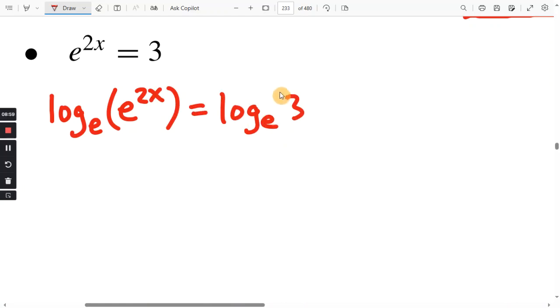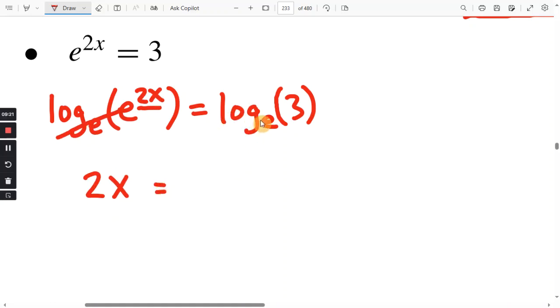Okay, you can use parentheses if you want for the argument, but you don't really have to. And now, log base e, this base of the log is an e, and this base is an e. So log base e of e cancels, and we're just left with the exponent of 2x.